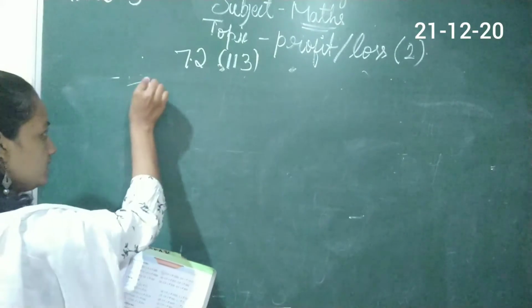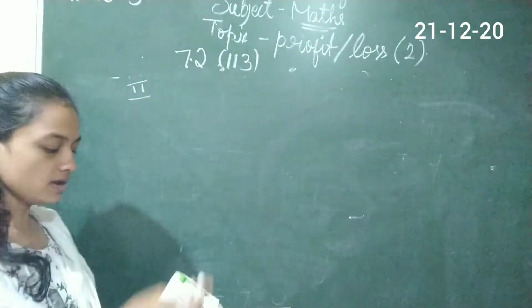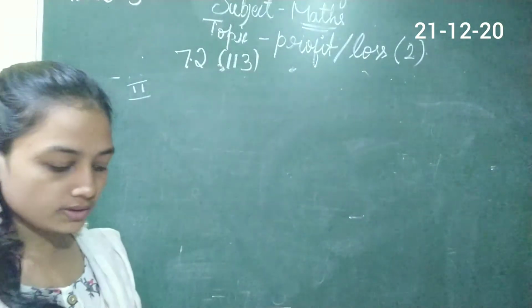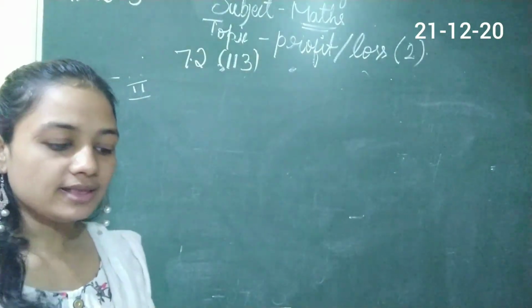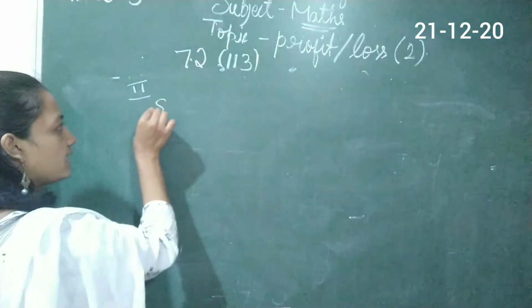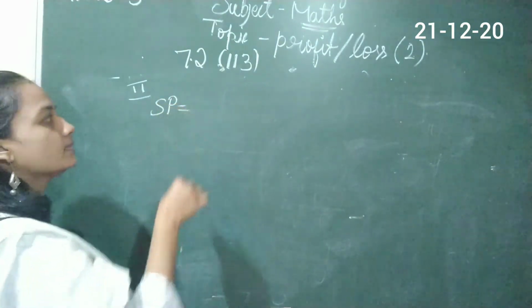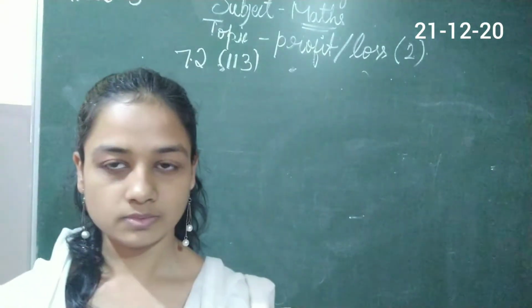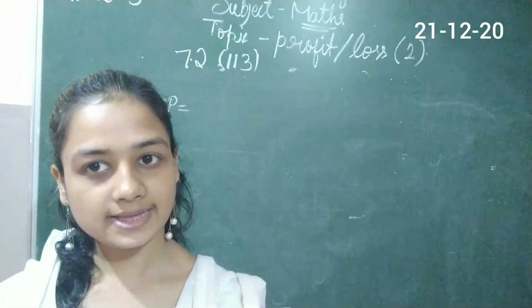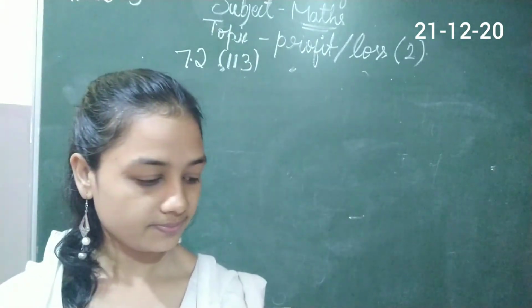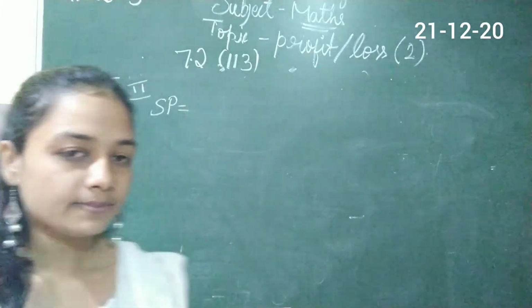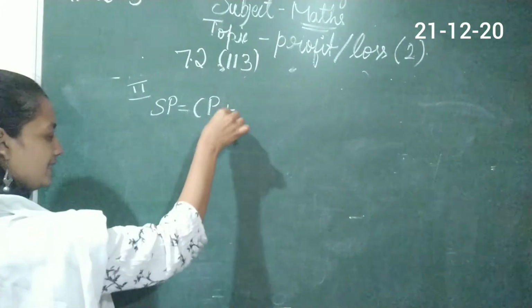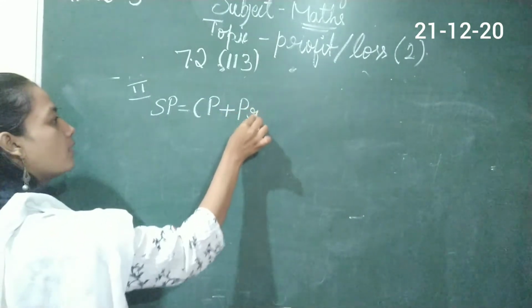For second mean, you have to find CP or SP. So in the first one, what is missing? SP is missing. So I have to find SP. And what is given? Profit is given. So what is the formula for finding SP when profit is given? It is CP plus profit.